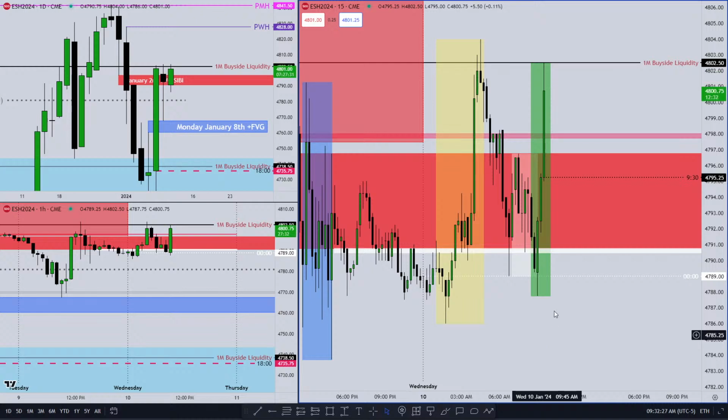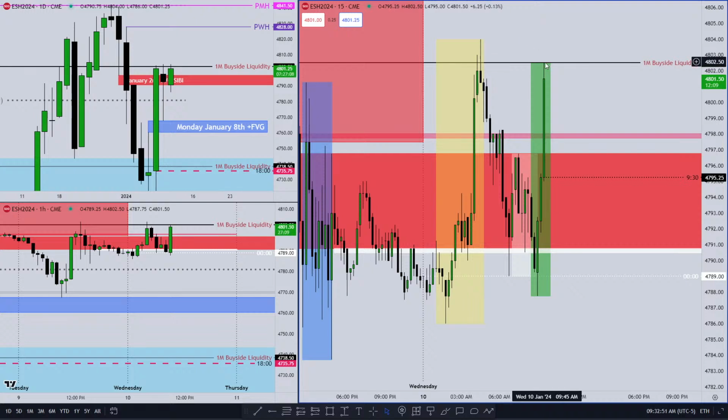There's that buy side, that monthly buy side rejection block here. Should we get up into this high? I'm watching the NASDAQ. It's a laggard. It's lagging. Basically, it's behind.